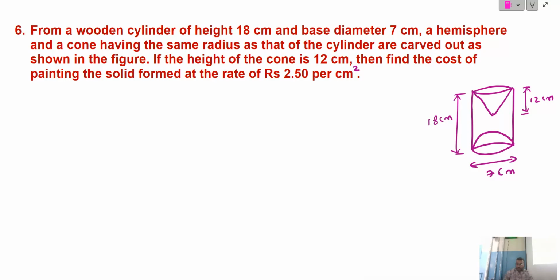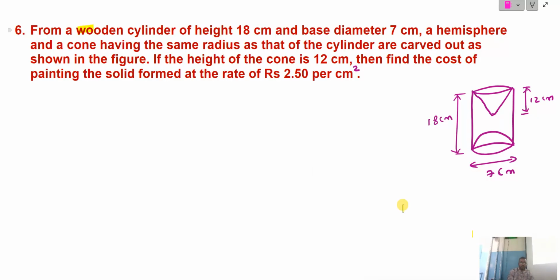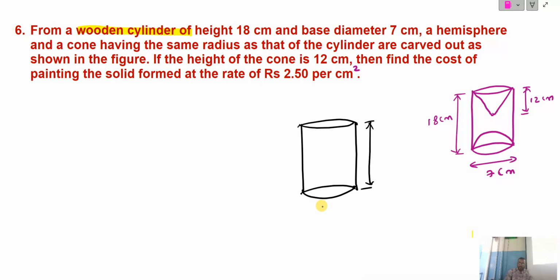Now let me go ahead step by step. Let me understand what is given here. Children, we have one wooden cylinder. As you can see, let me redraw this figure. This is my wooden cylinder. The total height of this cylinder is given as 18 centimeter.